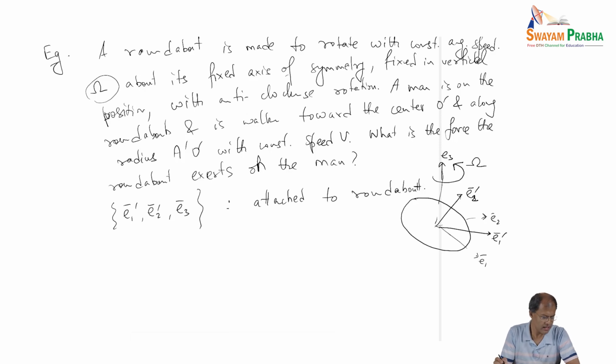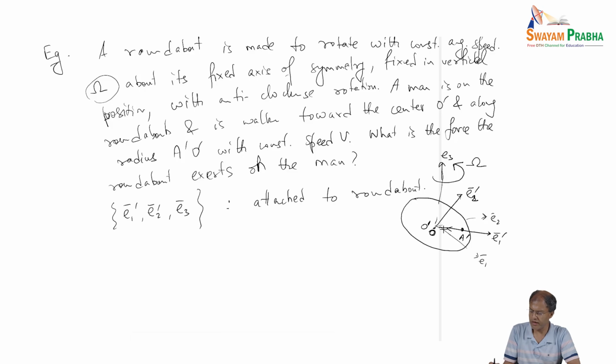Now in the moving frame, there is a motion of the man which is towards the center. So let us say we denote this as O, and let us say we have the man positioned at A prime. So our O and O prime, they coincide.